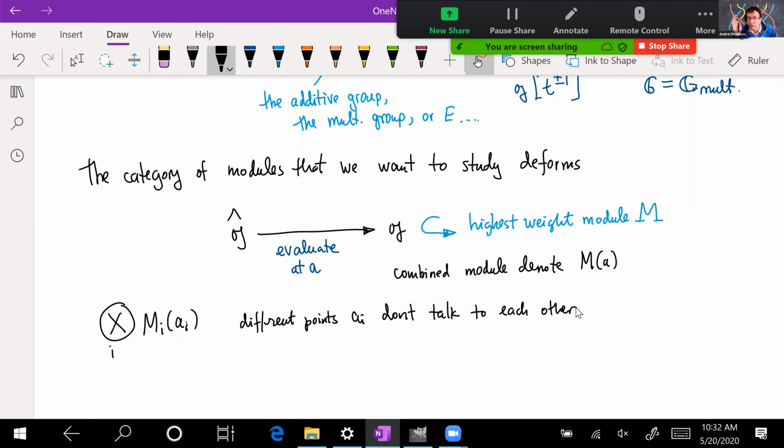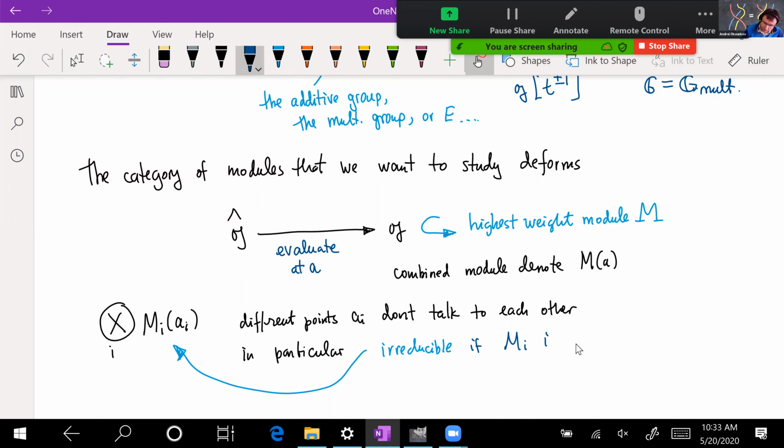So if you evaluate at finitely many points, your algebra projects to so many copies of your algebra G. And so in particular, this would be reducible if M_i is reducible, and a_i is not equal to a_j.